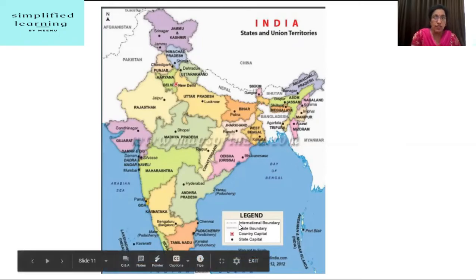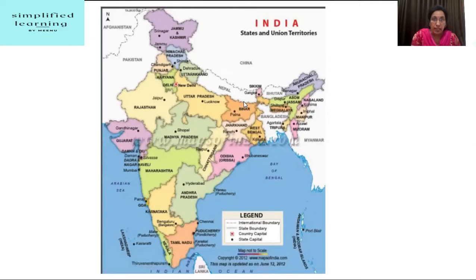Then can you see this element? Legend. Now how to understand the map? So in the legend we have given some symbols and their names. The first one is international boundary. Can you see here these lines? These are the international boundaries from one country to another.